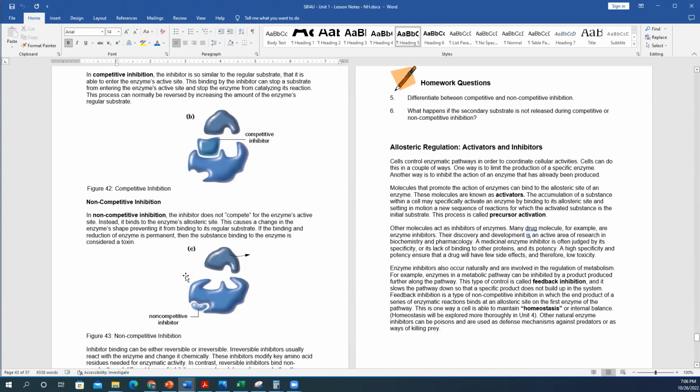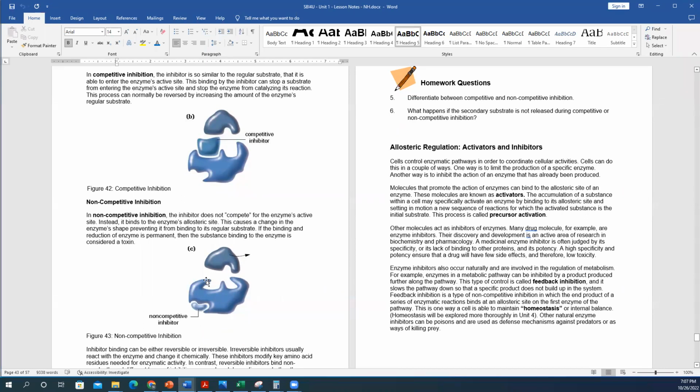A non-competitive inhibitor isn't interested in binding to the substrate binding site; it doesn't have the right shape or features to bind there. What it does bind to is a site other than that, an allosteric site.